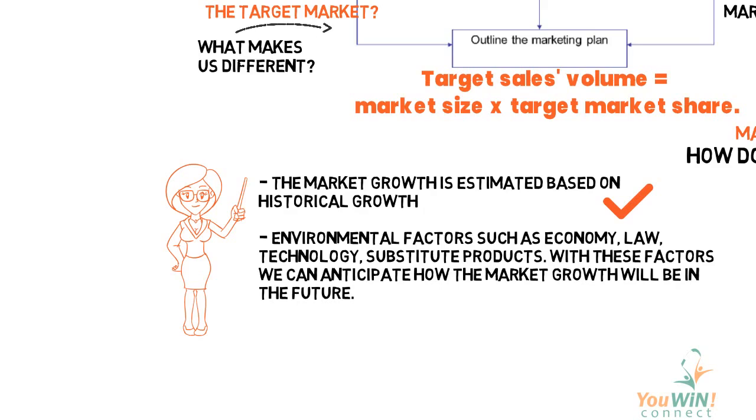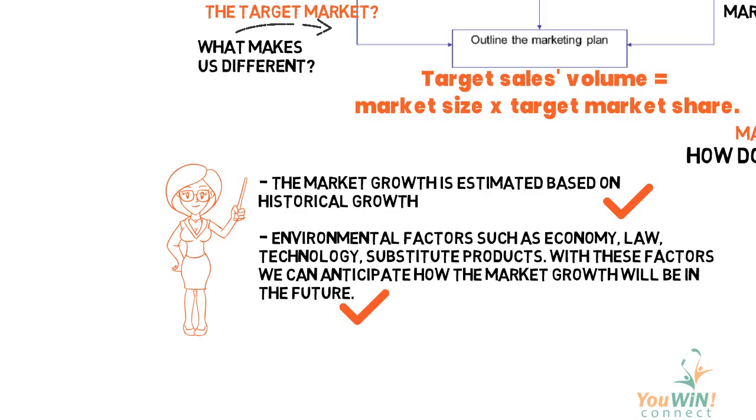The second thing that influences market growth are environmental factors. First of all, the economy, especially if it's a consumer product. The more disposable income within the economy, the higher the probability of growth for most consumer products. The second thing that affects market growth in terms of environmental factors is technology.